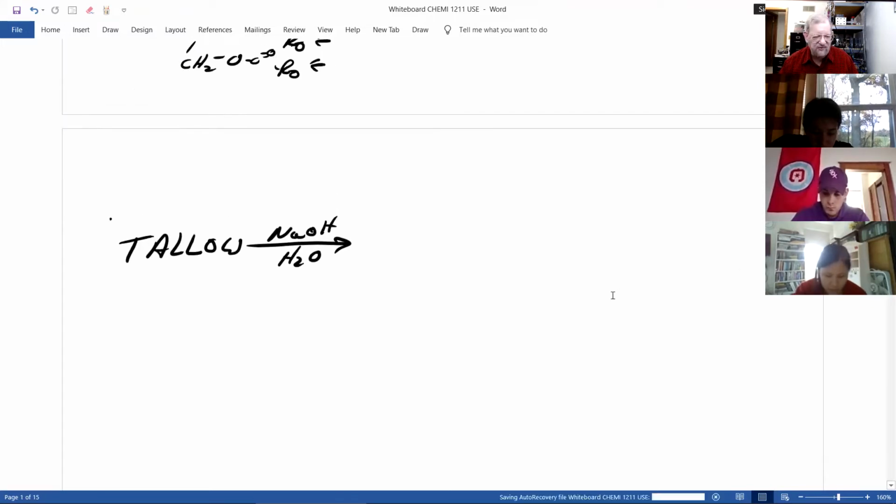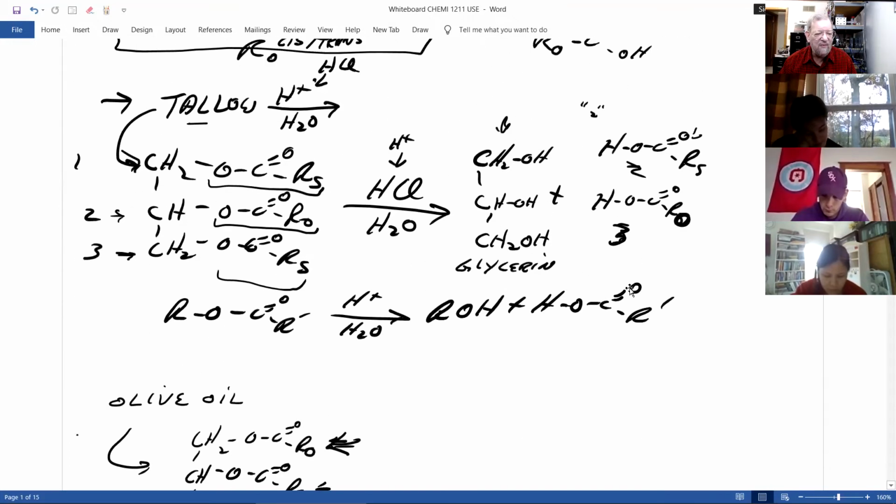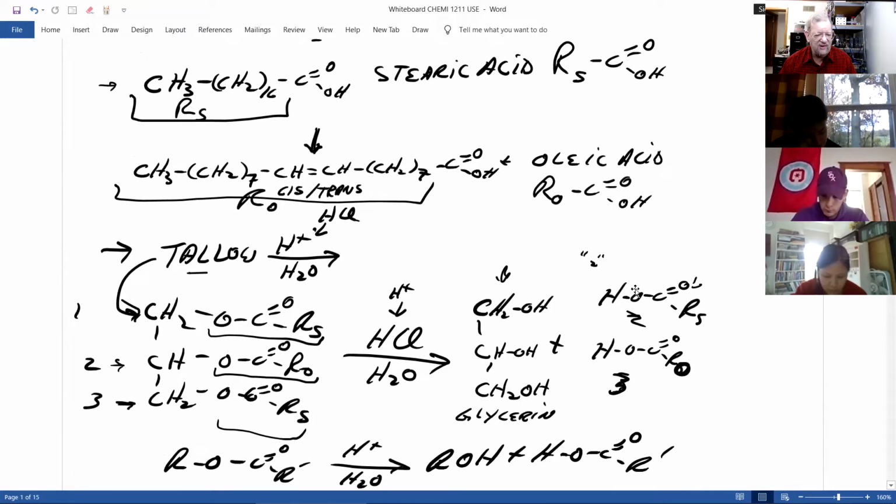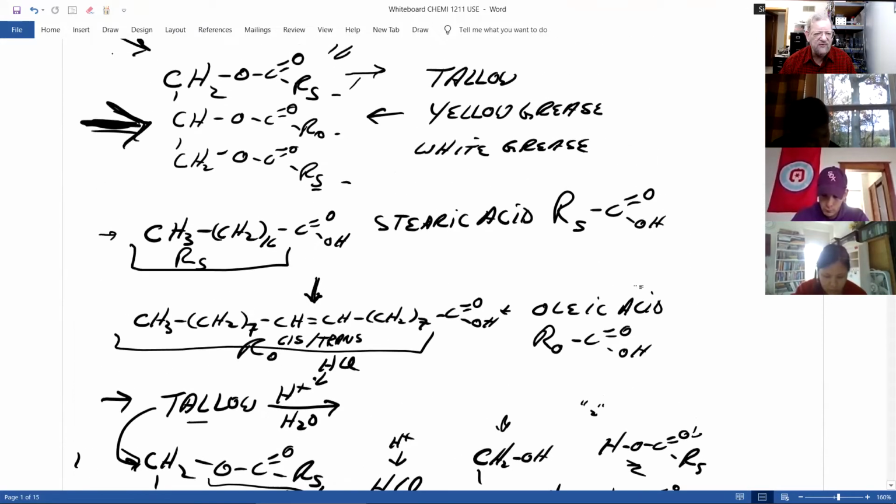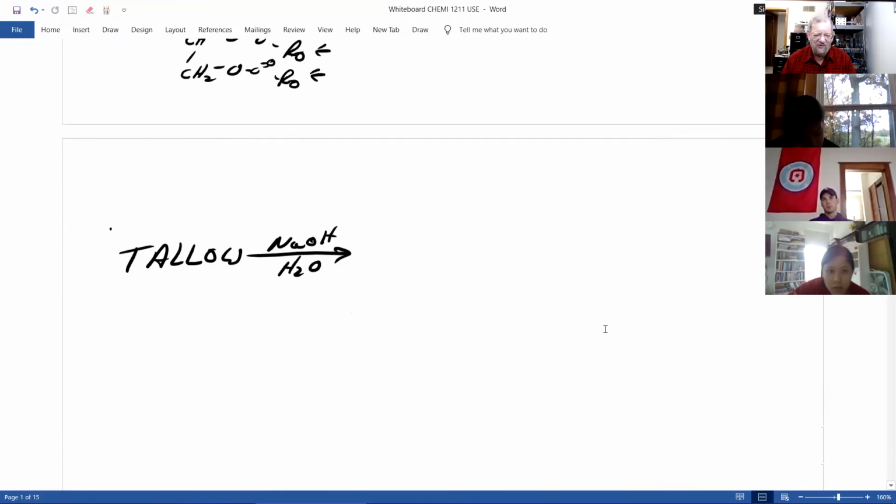Why don't you try this one? What would be the product or products for the following? Tallow plus sodium hydroxide and water. Now, remember, for tallow, yellow grease, and white grease, you use this structure. Leave it up in case you haven't copied it down. And you react that now with sodium hydroxide and water. In case you forgot, I'll help you out one more step.